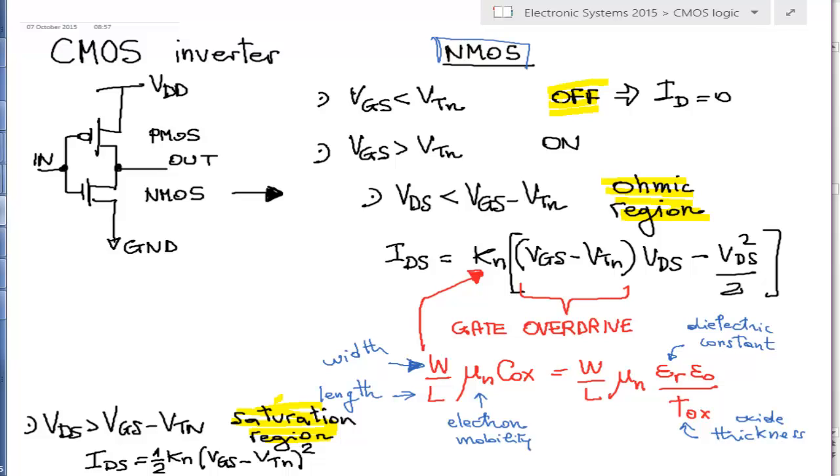This is true, of course. In practice, also, the saturation region is important, because when we have a switching and the transistor commutes from the off state to the ohmic region, typically it passes through the saturation region, and therefore also the saturation region is important to understand what happens during the switching.